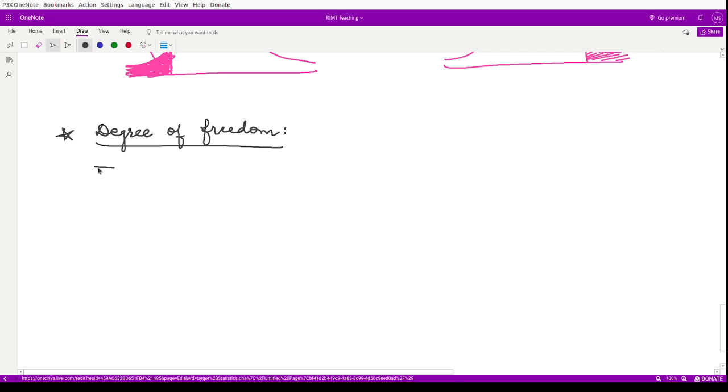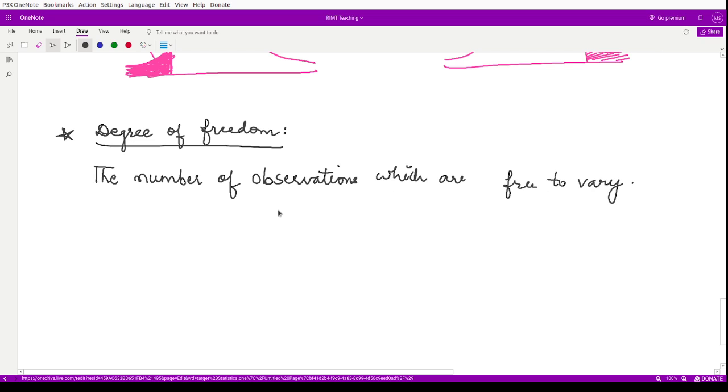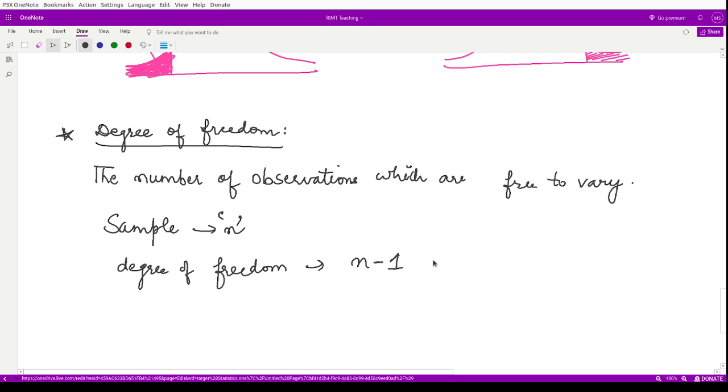So we may write it is the number of observations which are free to vary. So suppose your sample has in total n elements within it, right? So its degree of freedom would be a number which is less than this number, so it would be n minus 1. So this is the degree of freedom.